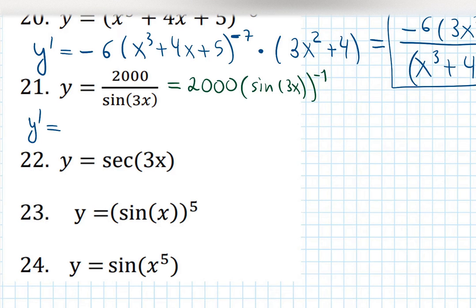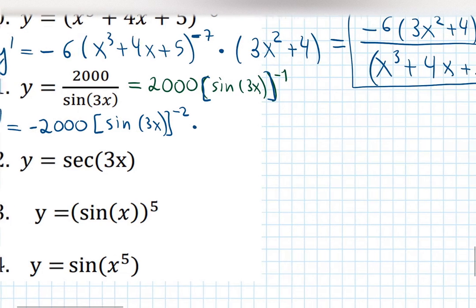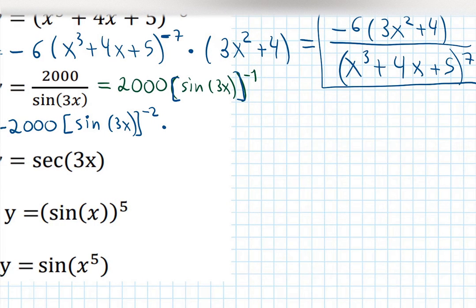I see that negative 1 is outside as the exponent, so first I will do power rule. Negative 2000 sine of 3x to the negative 2, let me use brackets for you, times, now I'm looking one step inside, derivative of sine is cosine, keep the angle the same, 3x, times, now I'm looking one step inside, which is 3x, derivative of 3x is 3.